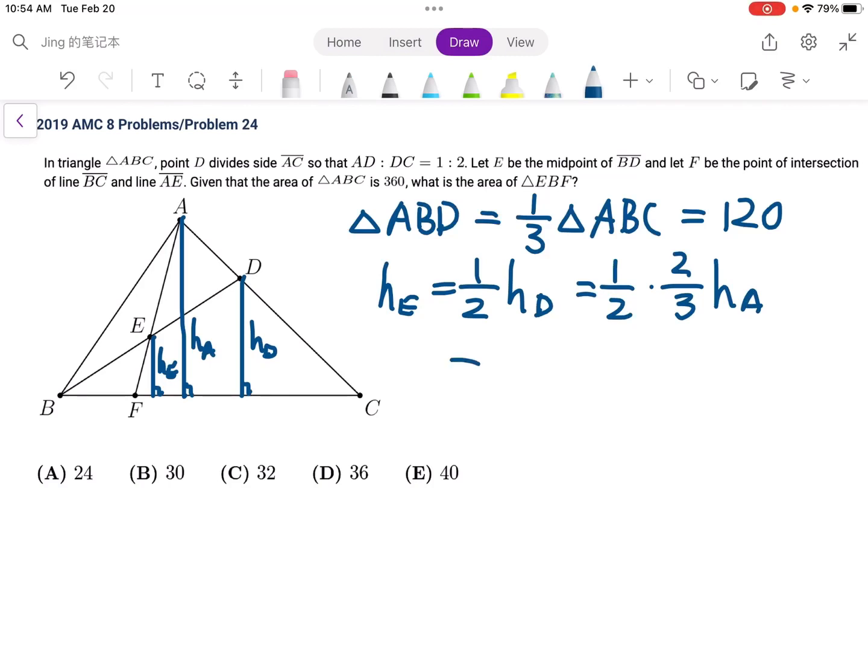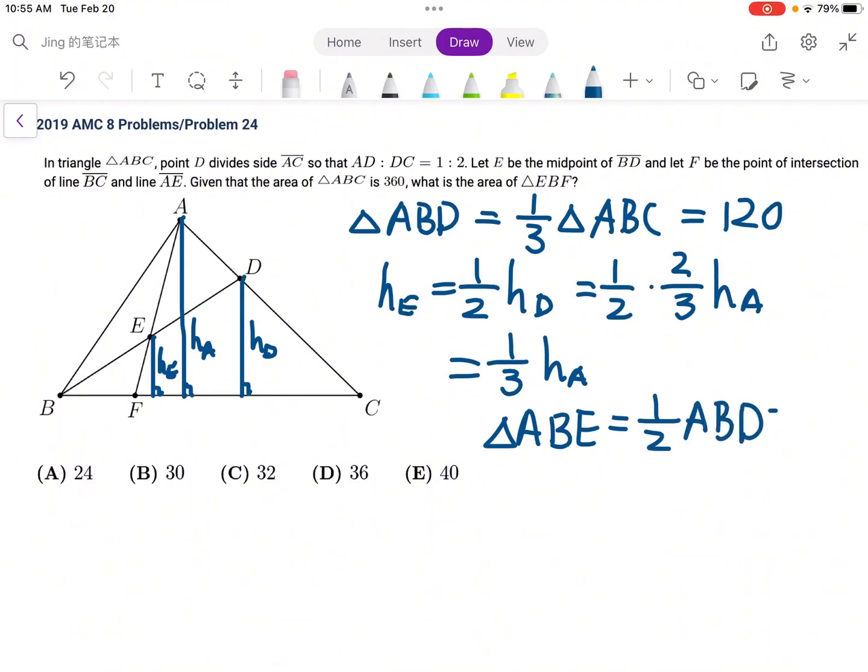It equals 1/3 HA. So because E is the midpoint of BD, the area of ABE equals half the area of ABD, and ABD is 120, so that's 60 here.